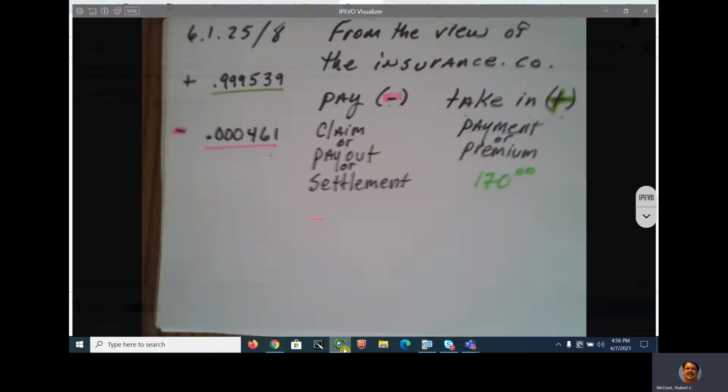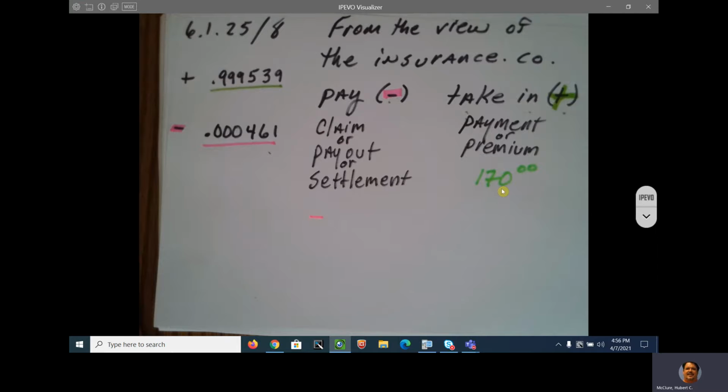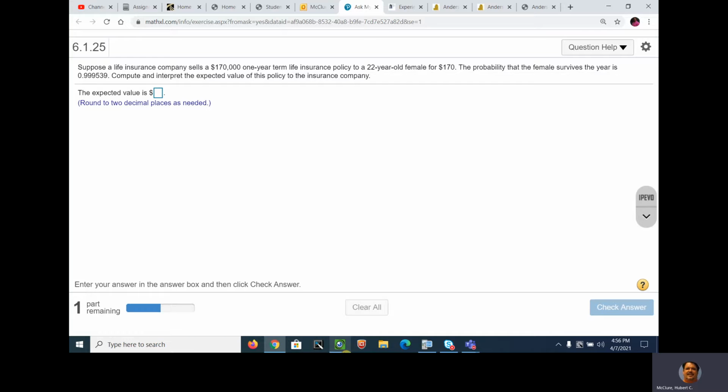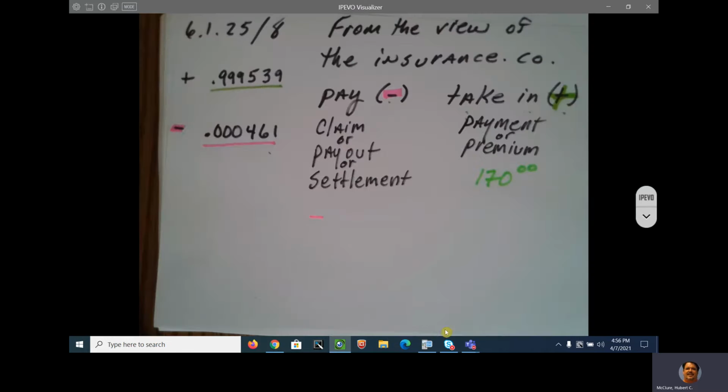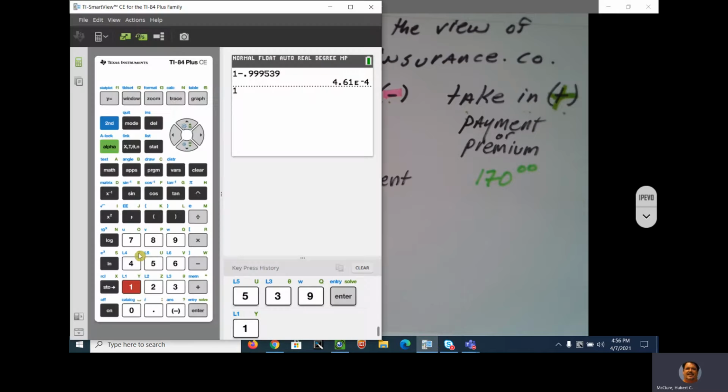They're paying you $170,000 minus 170 bucks, because in their eyes, you gave them 170 bucks. So in the insurance company's eyes, they're paying you $169,830.